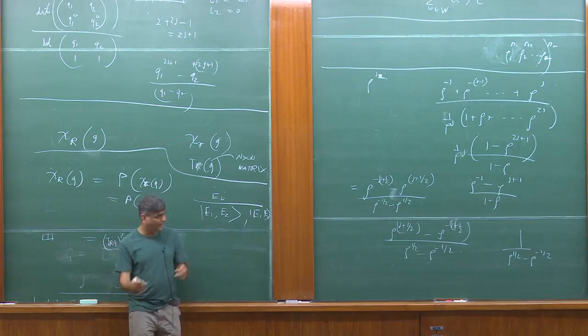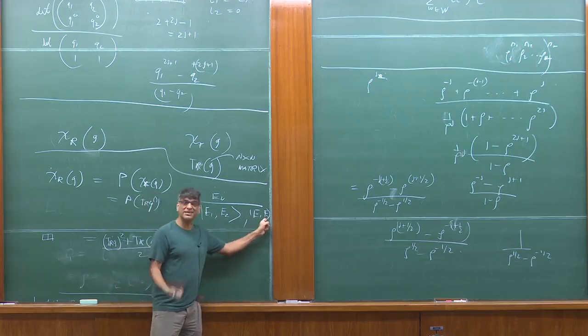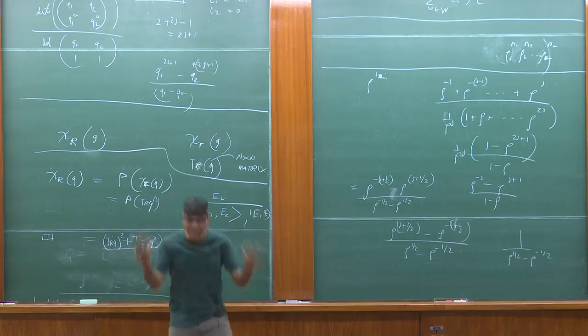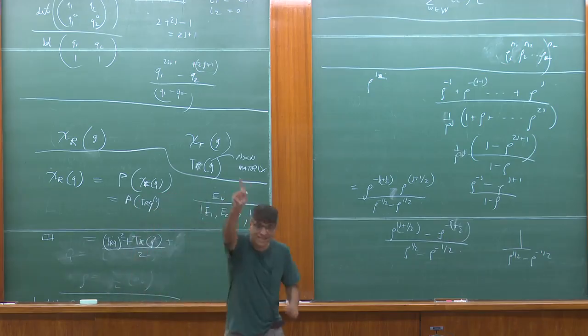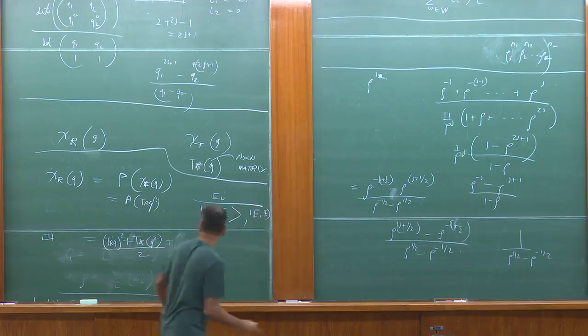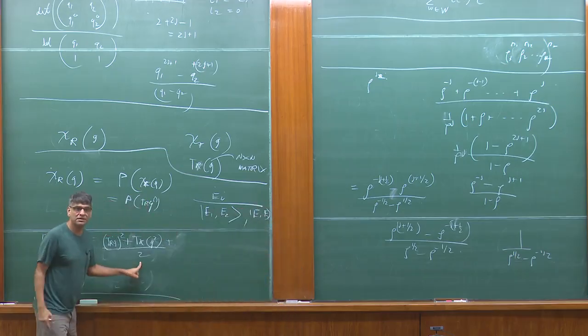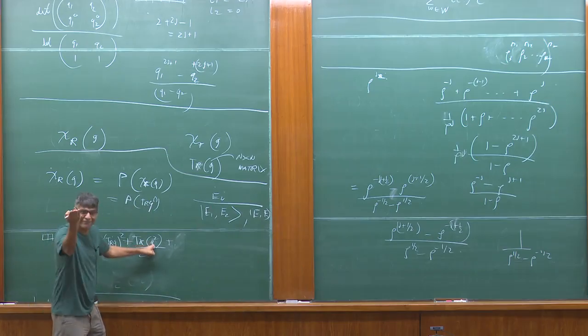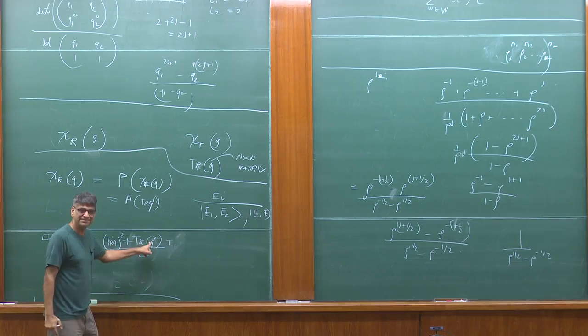But now suppose E1 and E1 were the same. Then the correct thing, even with Bose statistics, is counting each state once. But here what we did is divide by 2, so we counted each state half a time. That was wrong. We need to add half. And that's what this does.